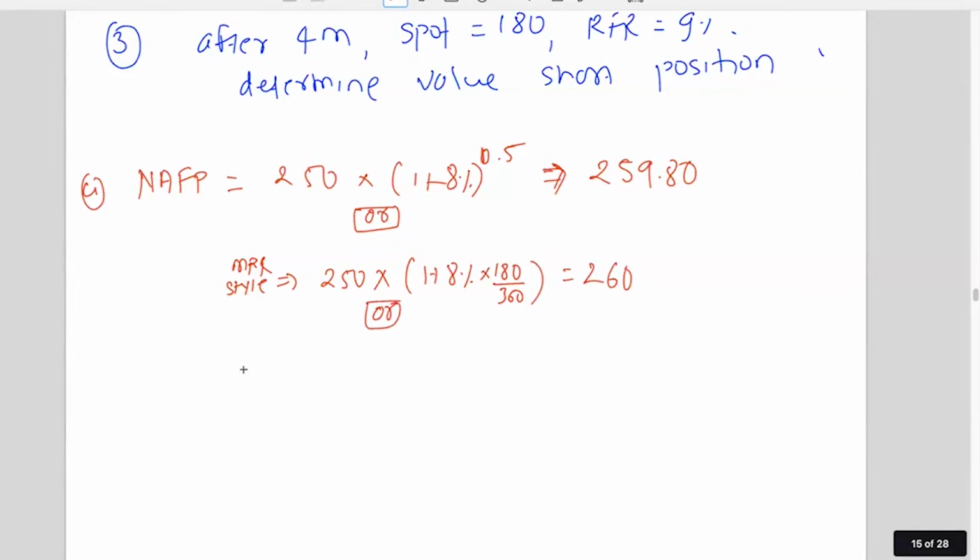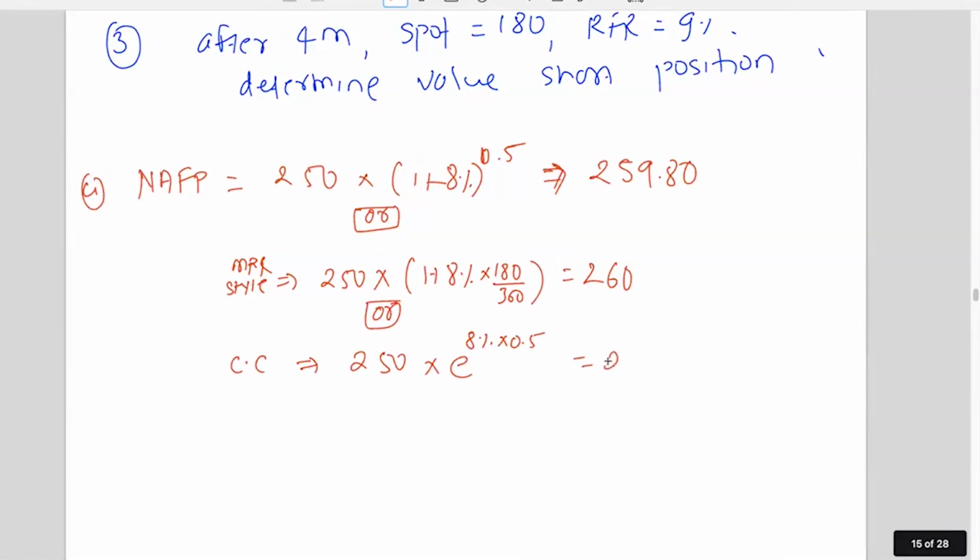What if this was a continuously compounded question? Then how would it be different? Not very different. 250 into e raised to 8% into 0.5, right? 6 months is half of the year, no? So let's see how much is that. 8% into 0.5, second e raised to x into 250.